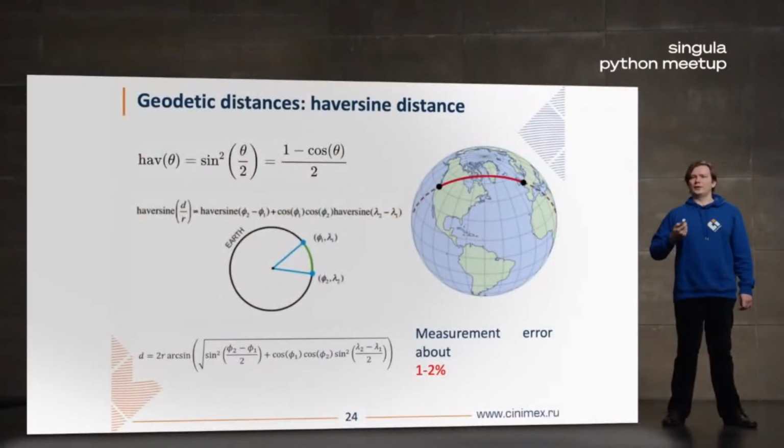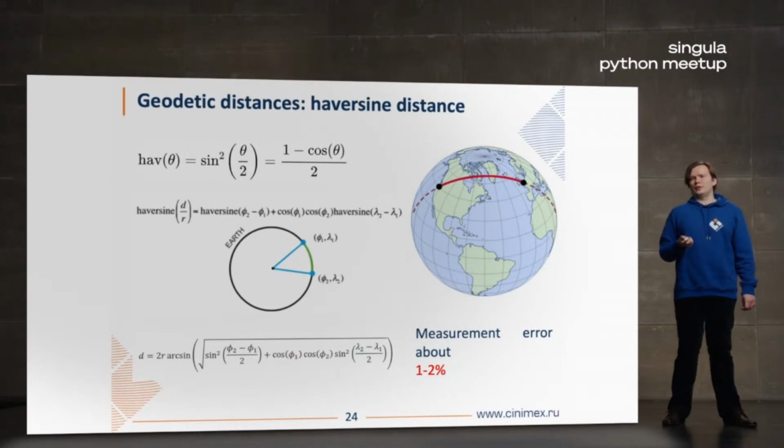data. One more way to measure distances is using geodetic distance. The easiest way to estimate geodetic distances is Haversine distance. So it is the distance of arc on the circle.